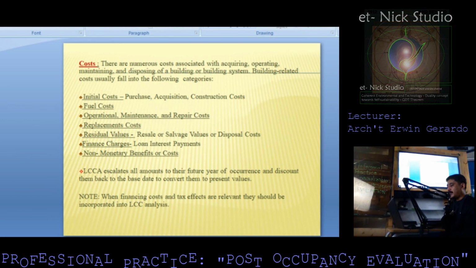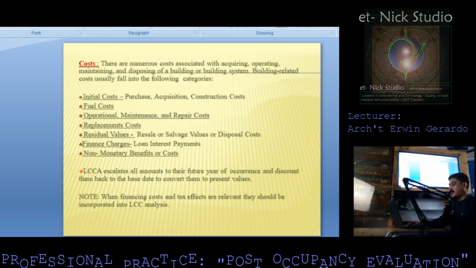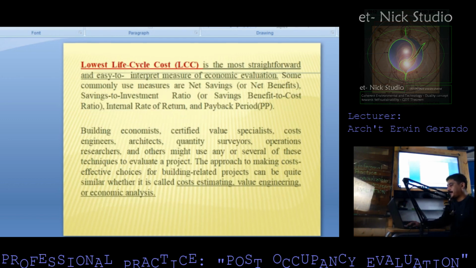Life cycle cost analysis escalates all amounts to their future year of occurrence and discounts them back to the base date to convert them to present values. Note, when financing costs and tax effects are relevant, they should be incorporated into life cycle cost analysis.